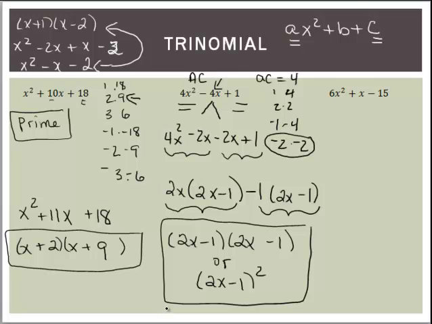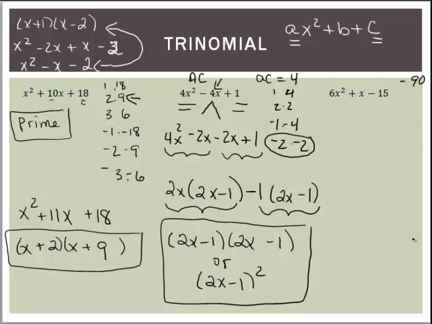So we need to do that on that very last problem. We need to multiply 6 times negative 15. Wow, that's going to be a big number, isn't it? That's going to be negative 90. That's your AC. You want to find the factors of negative 90 that add up to a negative 1.